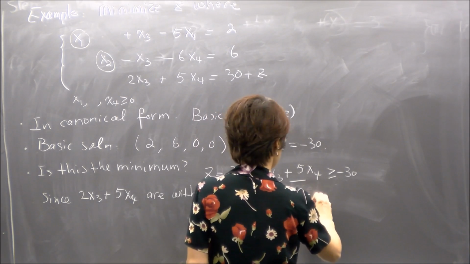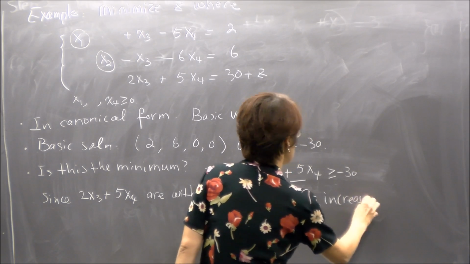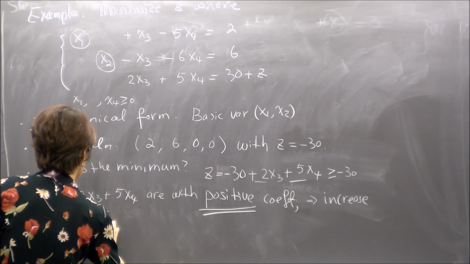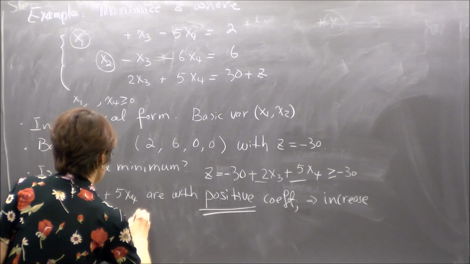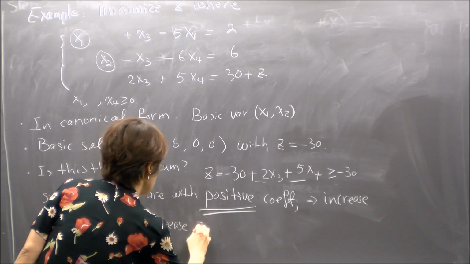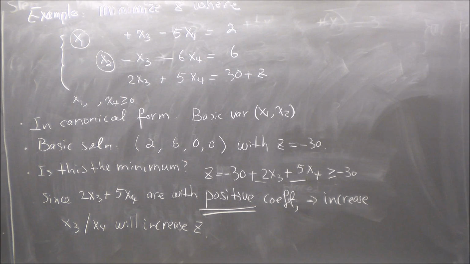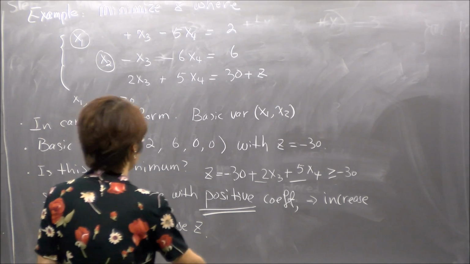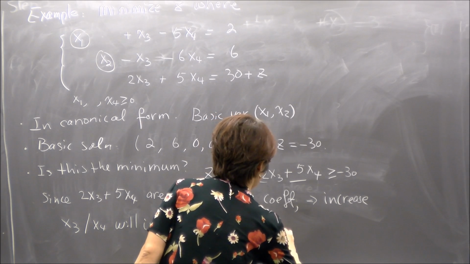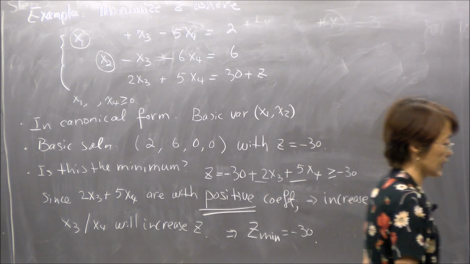So that means increasing x3 or x4 will increase z. Okay, and you don't want to do that. And you say, I'm happy with this solution. So you conclude that that's the minimum, right? Z min is negative 30. That's as small as z can get.